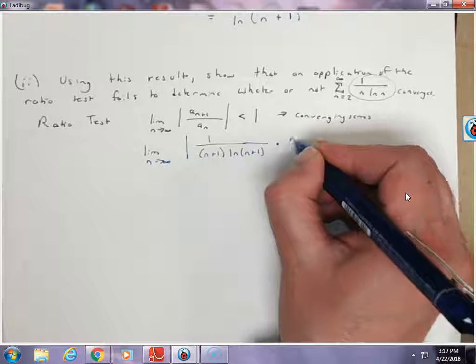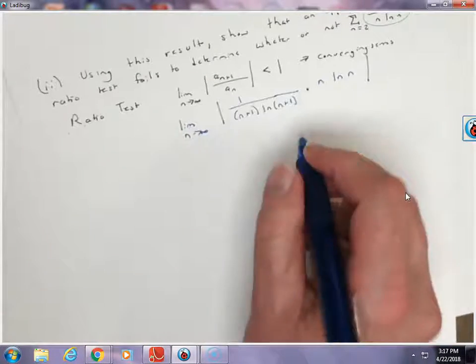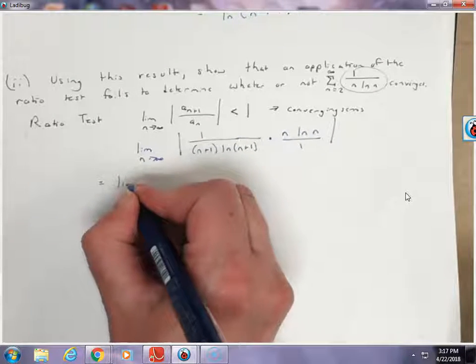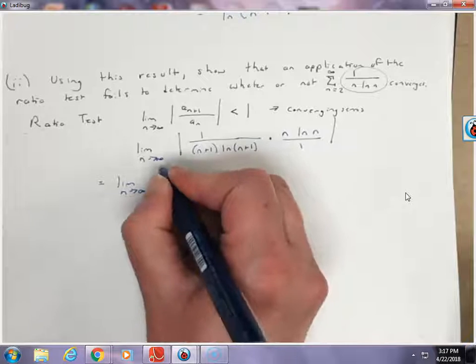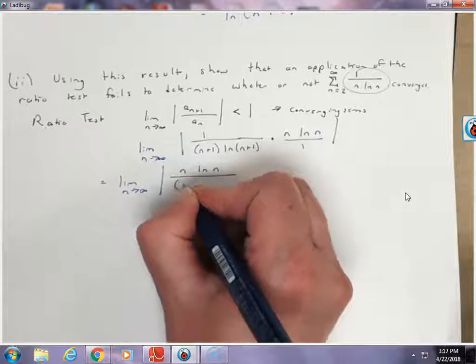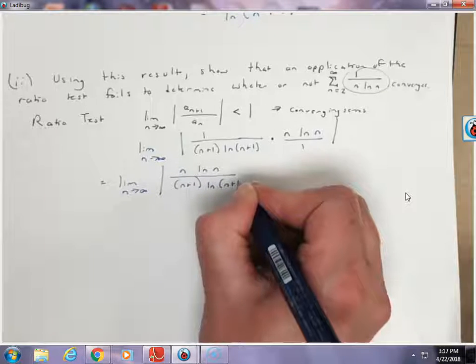So I'm just going to go ahead and do that. That would be over 1. So then we would have the limit as n approaches infinity, n times the natural log of n over n plus 1 times the natural log of n plus 1.